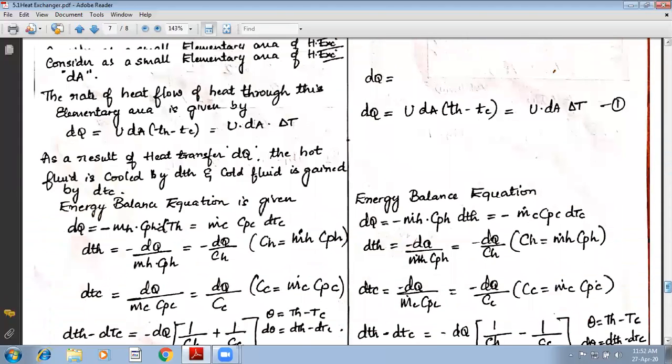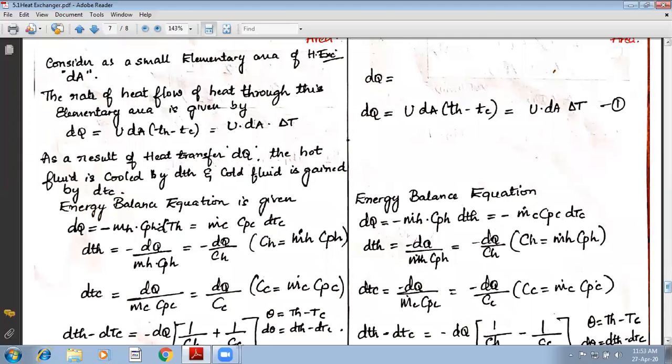Now, after energy balance, you can see we have considered minus m dot h into cph into dTh. This corresponds to the heat transfer out of the hot fluid, and the heat transfer to the cold fluid is minus m dot c into cpc into dTc. We have considered a minus sign for both the fluids.